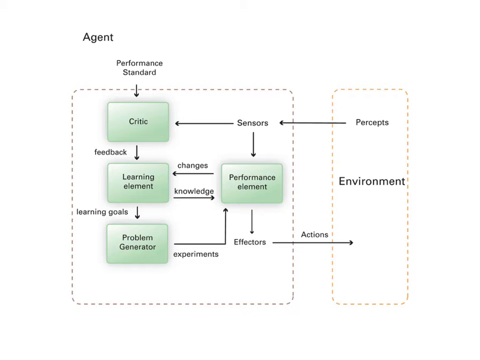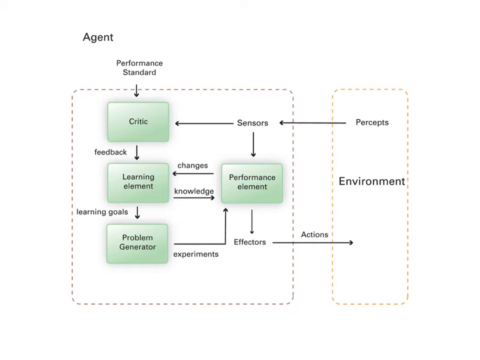So, okay, let's stick to this top right for a moment. The percepts come in, sensors take in that information, and then there's the performance element, which is very similar to what we saw in the goal-based behavior, right? The goal-based agent, which then will somehow select some option, and then the effectors will take that action, right?